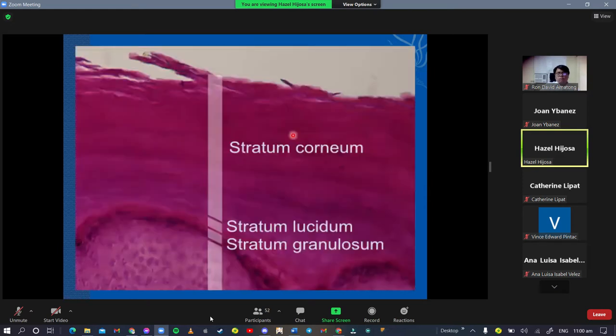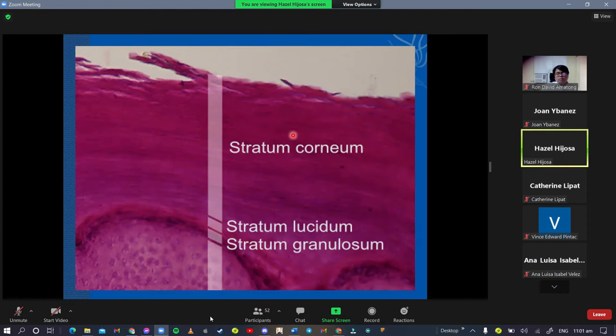Then lastly, the most superficial, the outermost layer, the thickest layer of the epidermis is the stratum corneum. So this is composed of about 16 to 20 layers of cells. And the cells here are flattened, non-nucleated, desiccated keratinized cells. Okay.